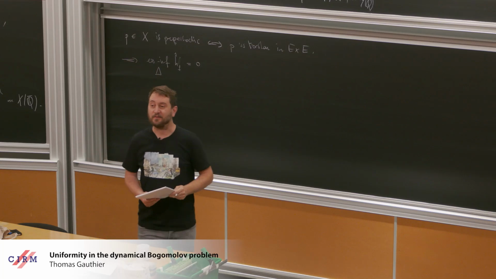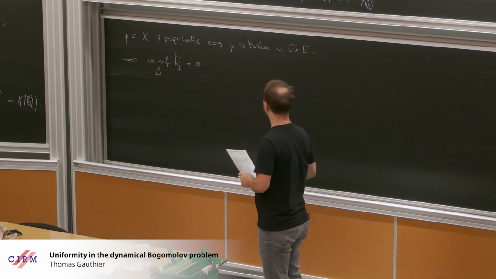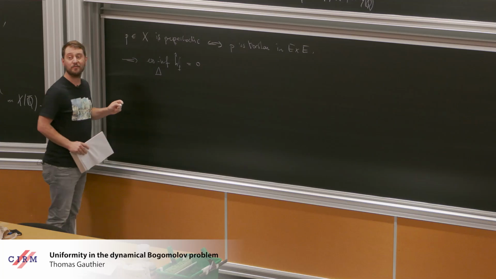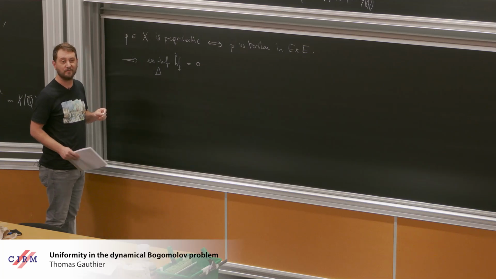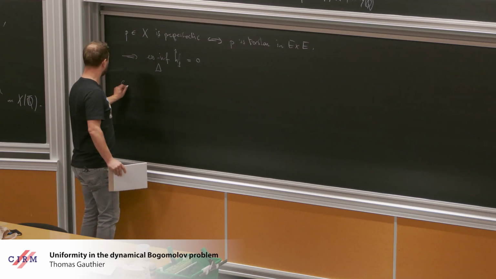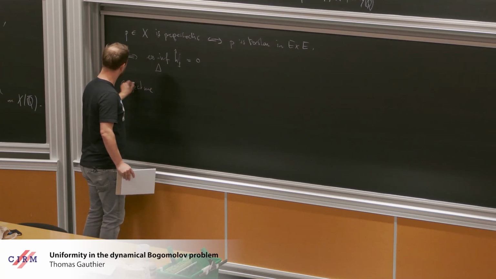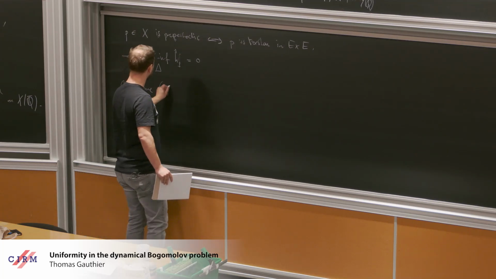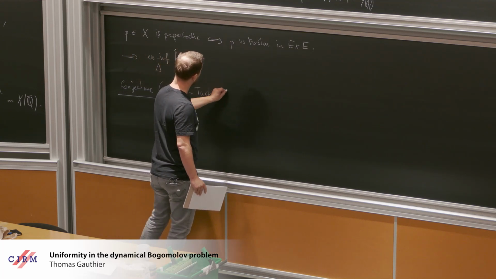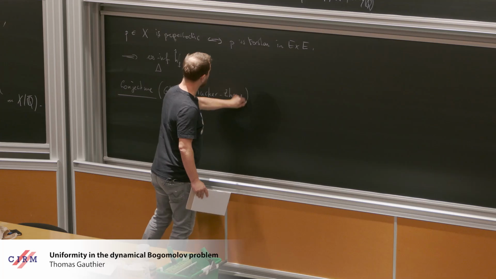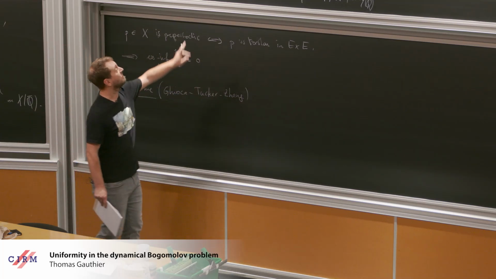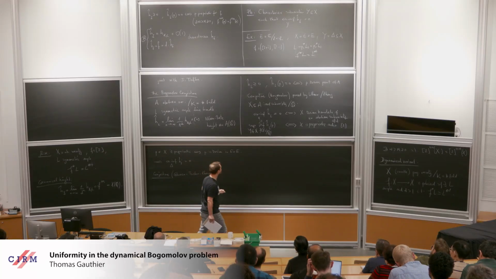This counterexample is not due to me. I think it's due to Gauthier. And so the conjecture took a certain time to find its good shape. And the final shape of the conjecture is the following. Under this formulation, it's due to Gauthier, Tucker, and Zhang. Initially, Zhang's conjecture was that it had to be preperiodic, that's it. And this counterexample tells you it has to be a little more complicated.